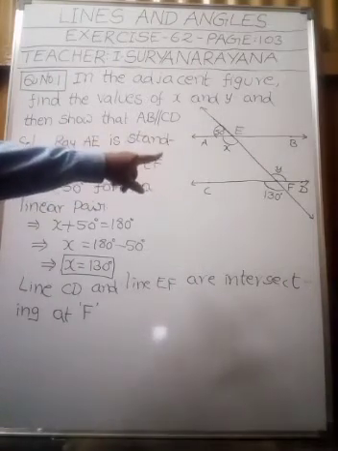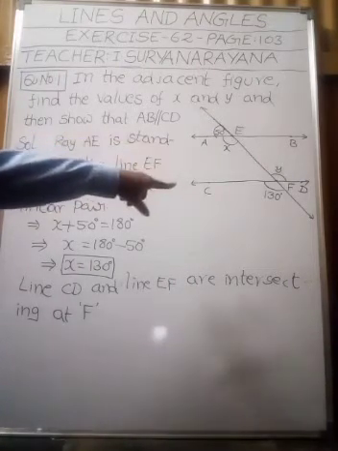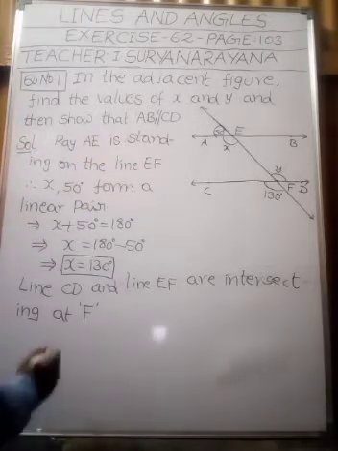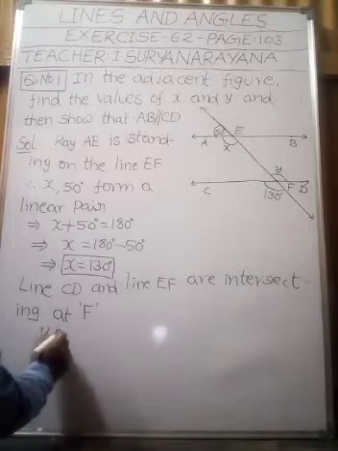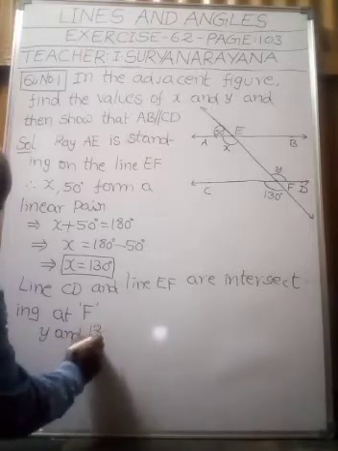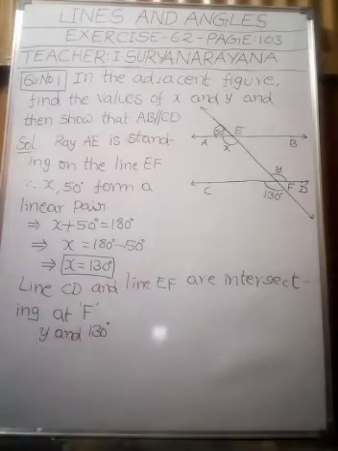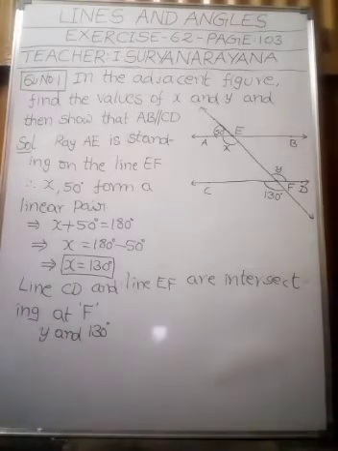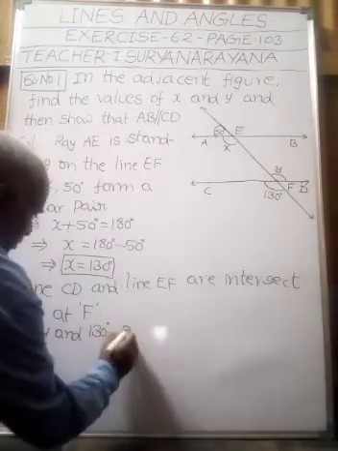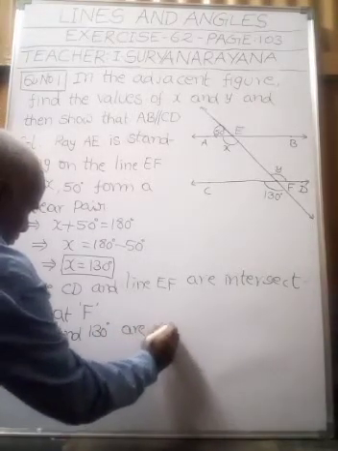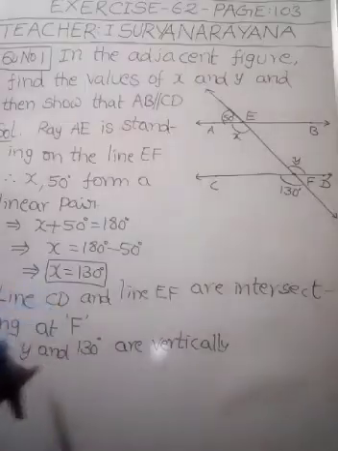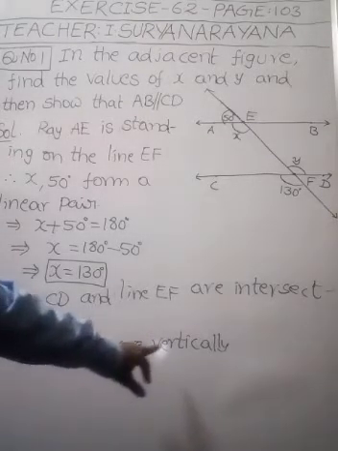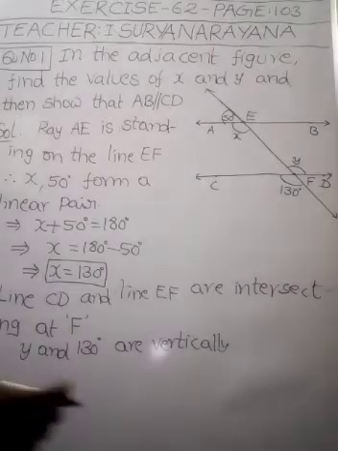Then what can you say about the angle y and 130 degrees? They are vertically opposite angles. Angle y and angle 130 degrees are vertically opposite angles.